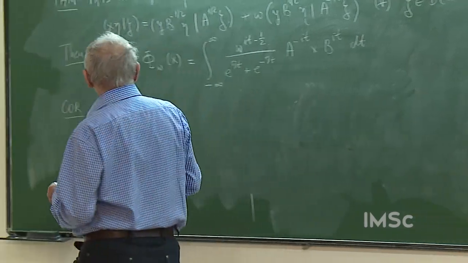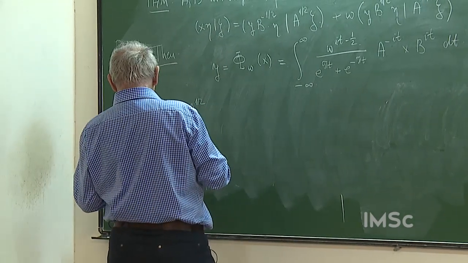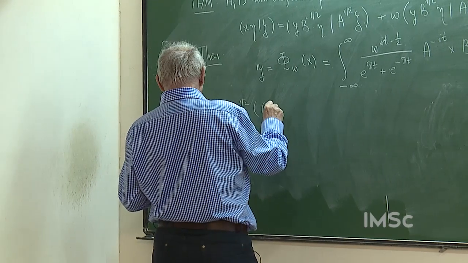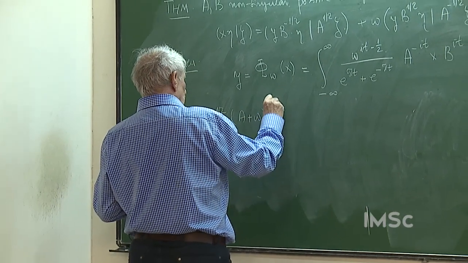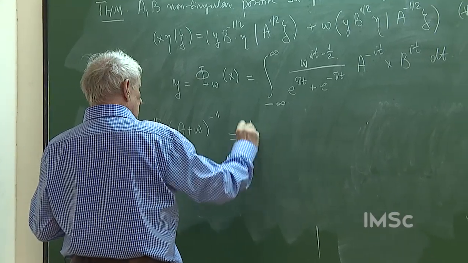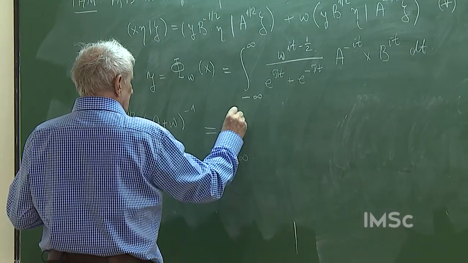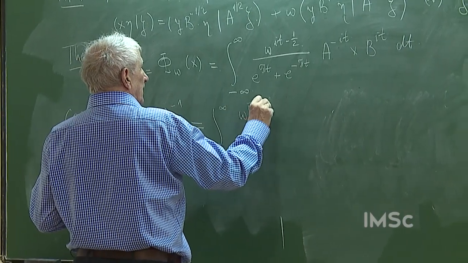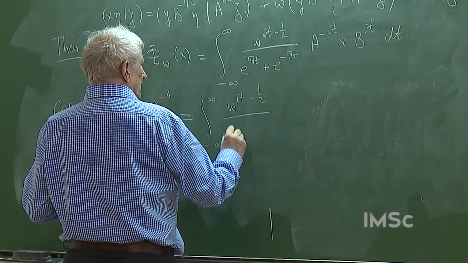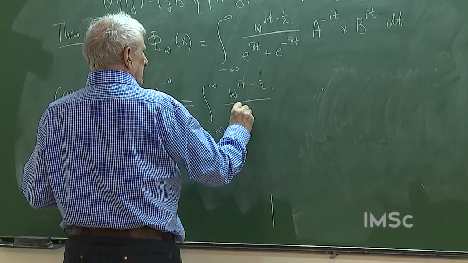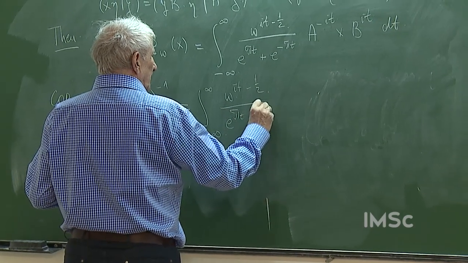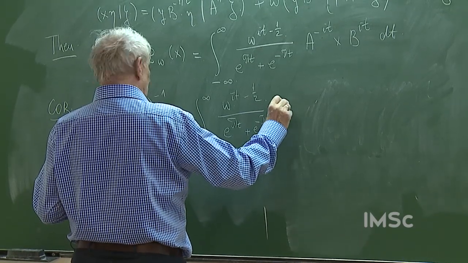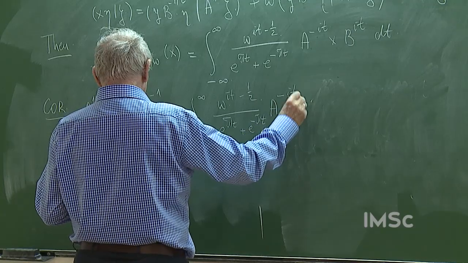The second thing is, under the same assumptions, we have a to power 1/2 times a plus omega to the minus 1. It's equal to the integral from minus infinity to infinity of omega to power it minus 1/2 over e to power pi t plus e to power minus pi t, a to power minus it dt.